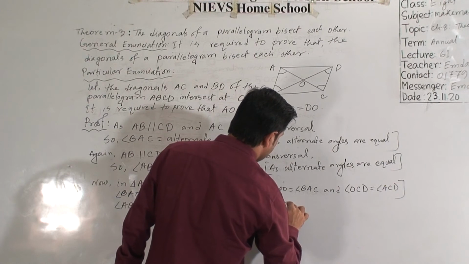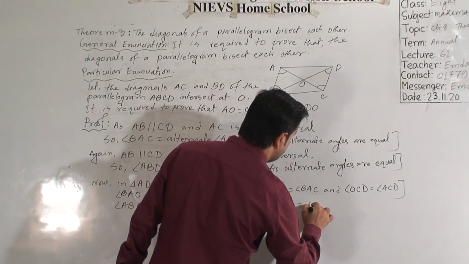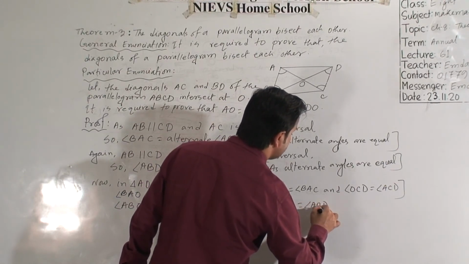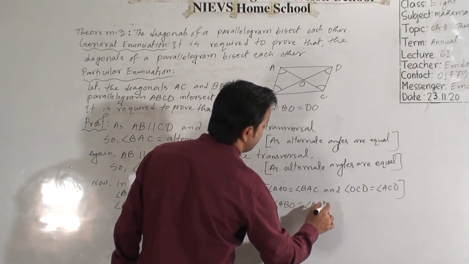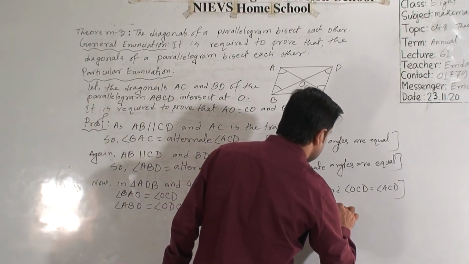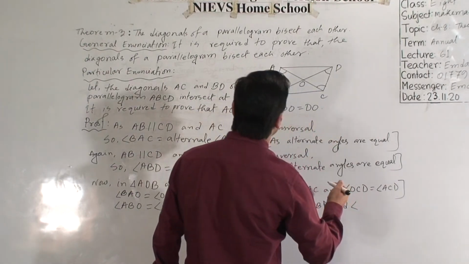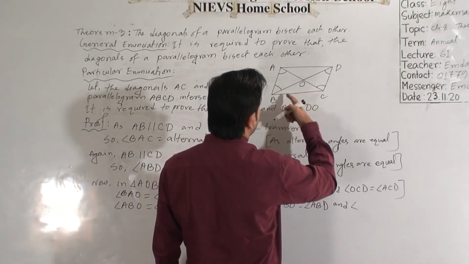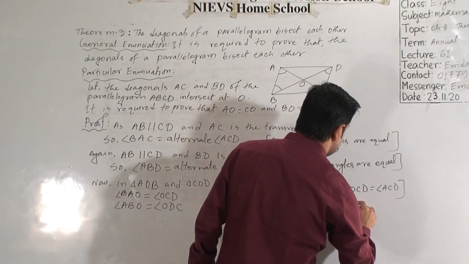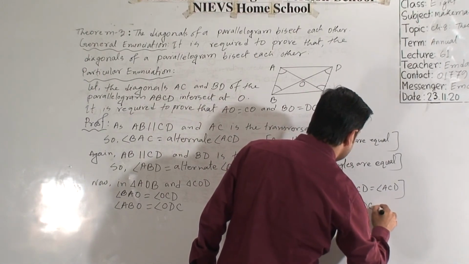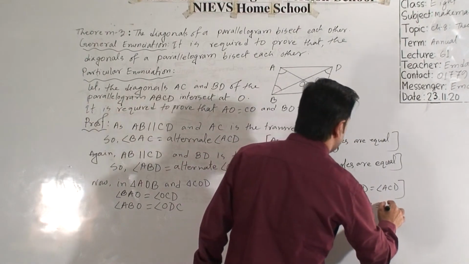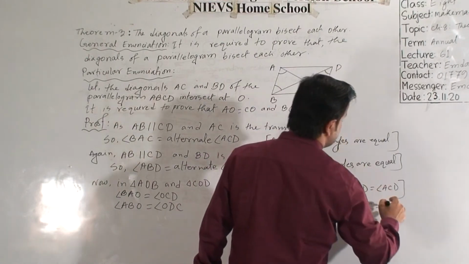Angle ABO is equal to angle ABD, from the figure we can say. Okay, and angle ODC is equal to angle BDC.